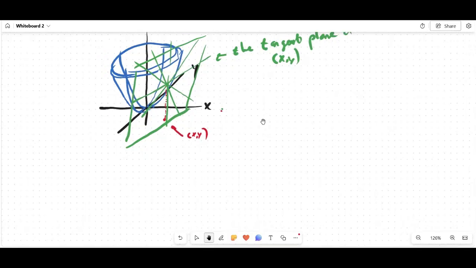Okay, pictures are great, but they're not definitions. So we'll go with the definition.